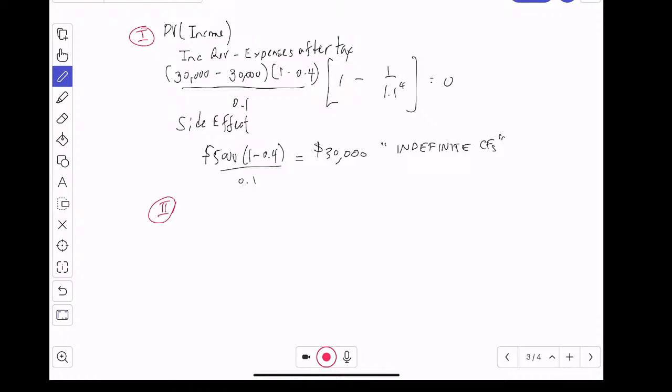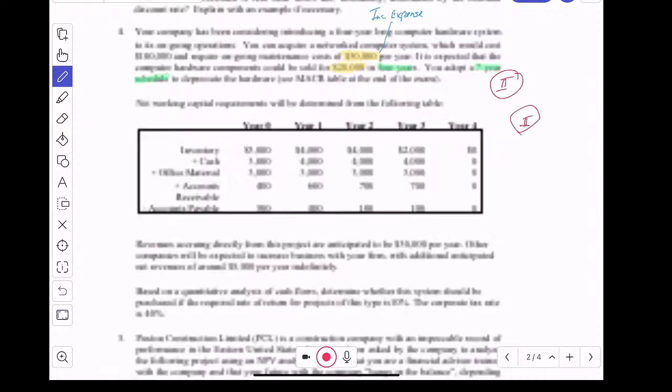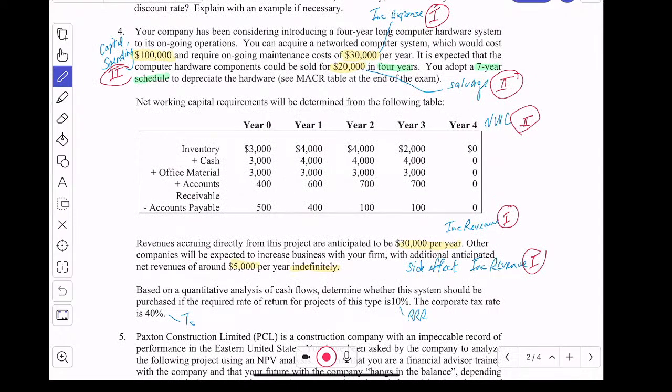Now, back to investment. So we have the initial investment of $100,000, $20,000 salvage, and net working capital. So let's do this table, and then we'll do the depreciation table, and then we'll put it together. Okay.